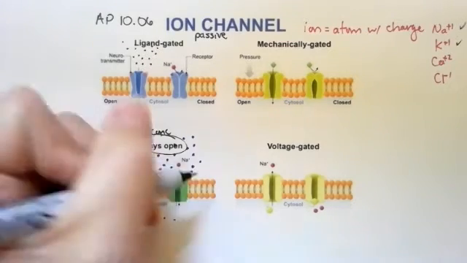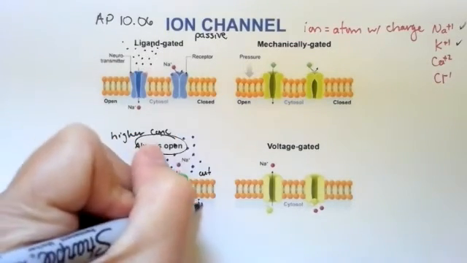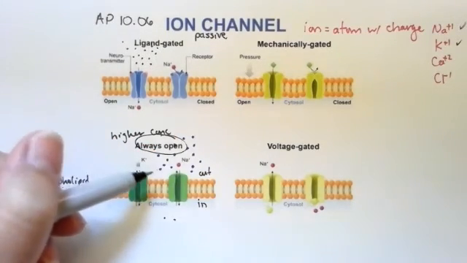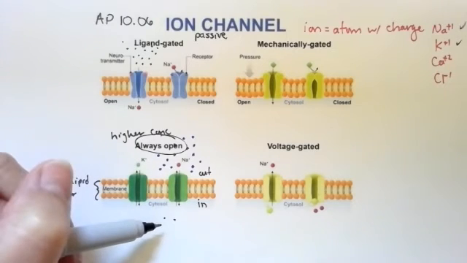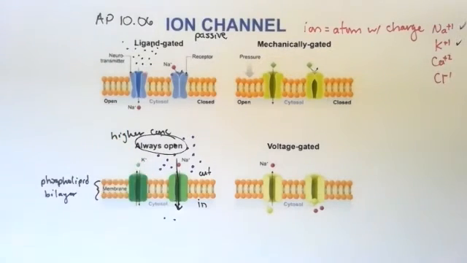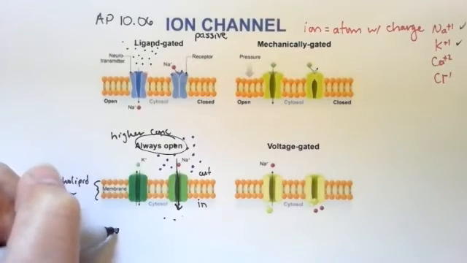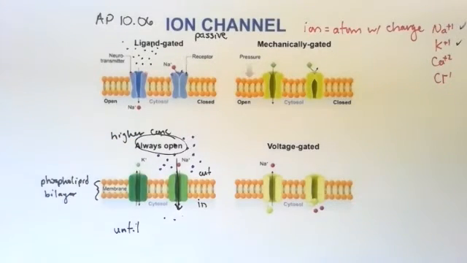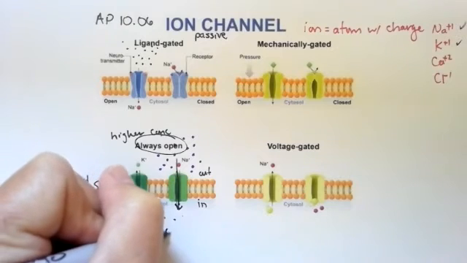So this is outside the cell, and this is inside the cell. Because I have a higher concentration outside than inside, I will get sodium ions that flow through into the inside of the cell until the concentrations are equal.